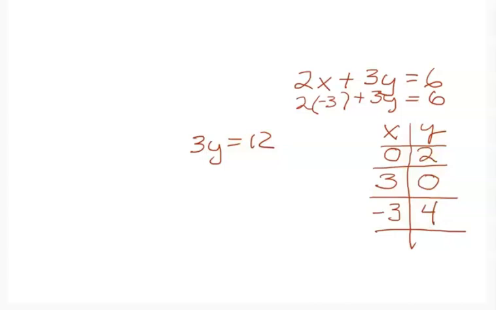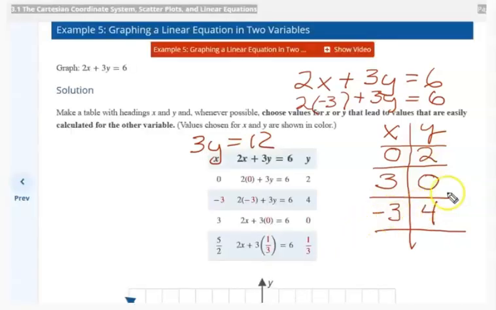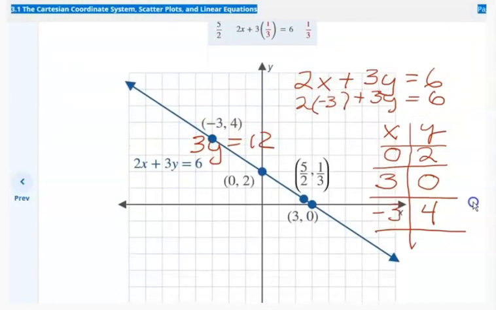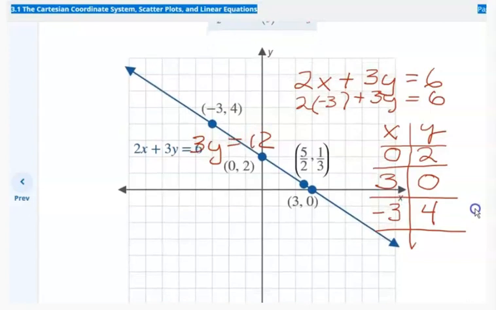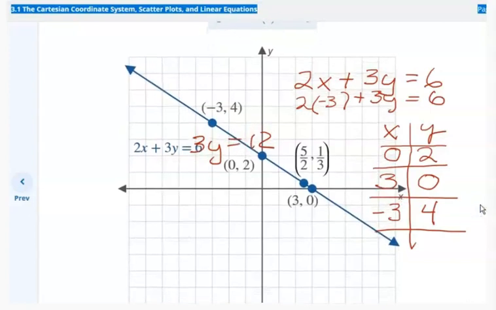So let's go back to our regular screen, and we're now going to plot these. They have a nice graph here. And I'll take this one off so it's not confusing. So let's see what we have. We have a 0, 2, which is what they chose too, right there.